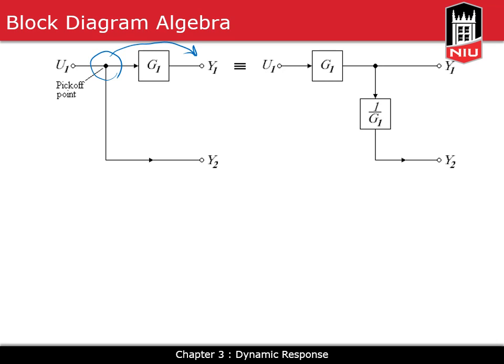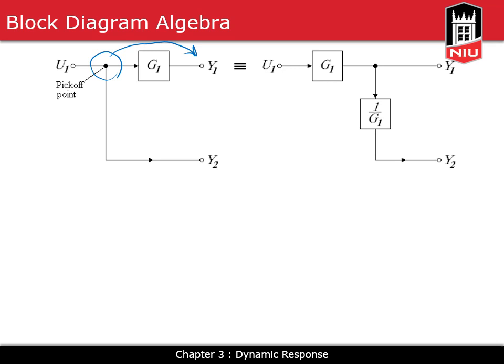What if I want to move it after the block G1? I can do that, but if I really need all the signals to remain the same thing they were before, I need to probably make some kind of change. I cannot just simply move that pickoff point after G1 and assume everything will stay the same.